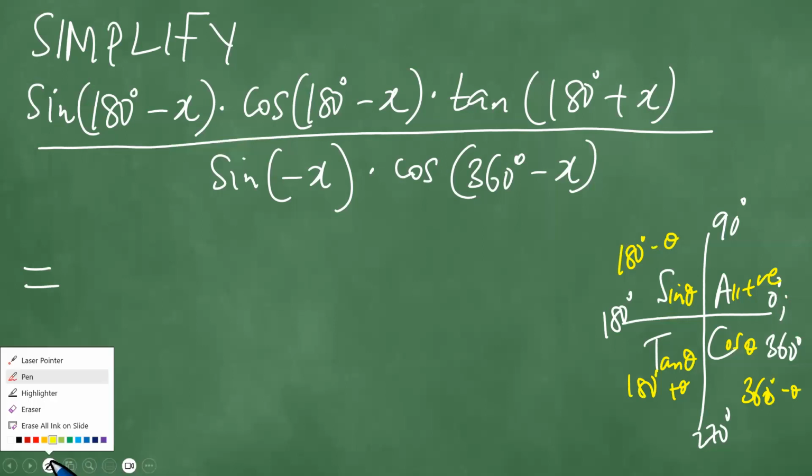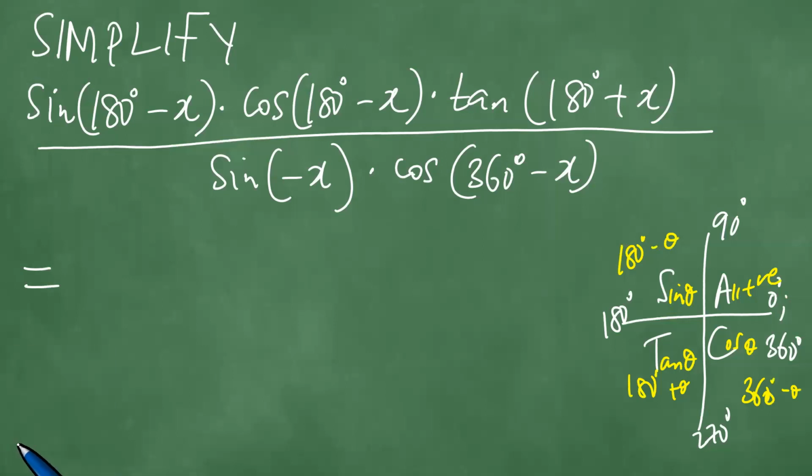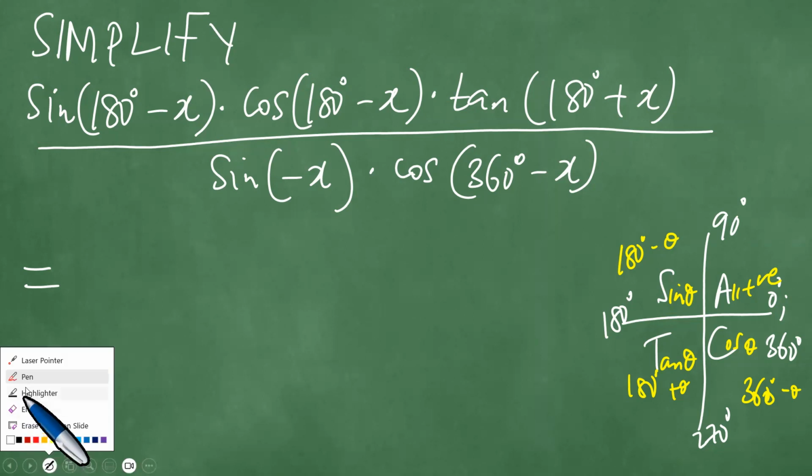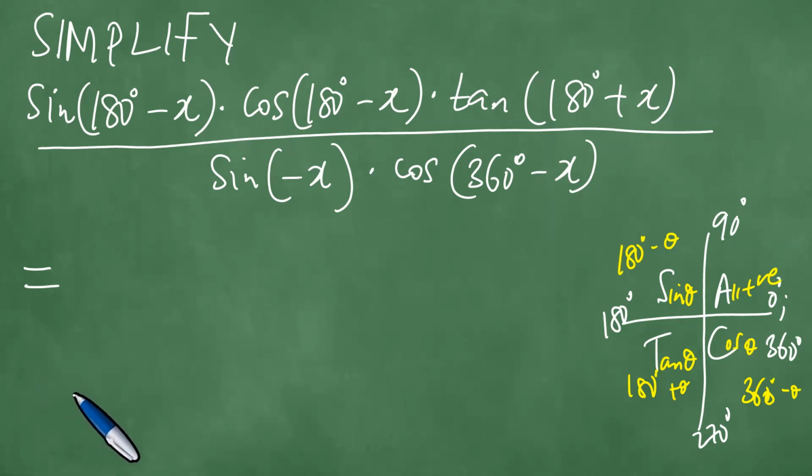Now look, there are a couple of things I want us to focus on here that remain extremely important. 180 minus is in the second quadrant.